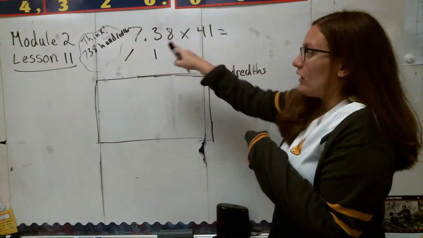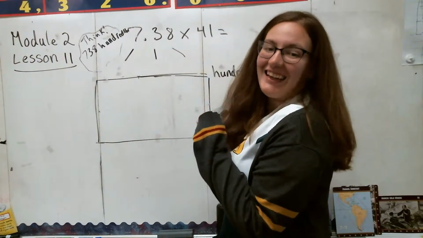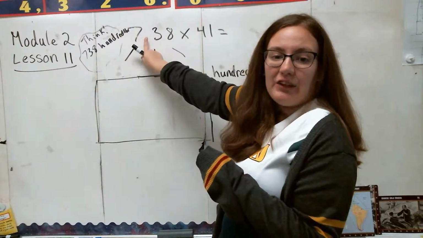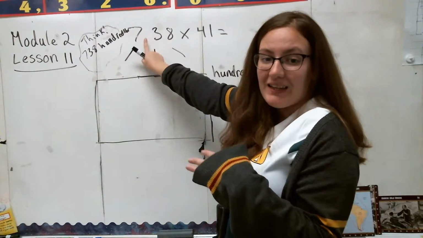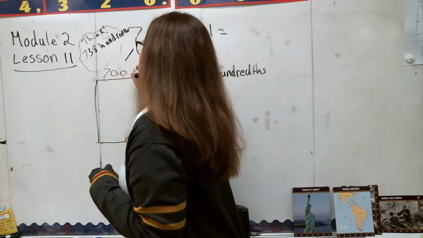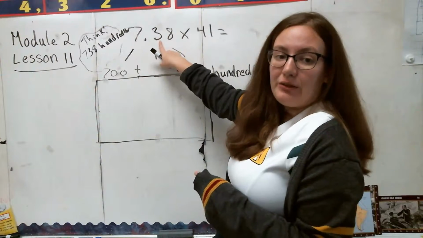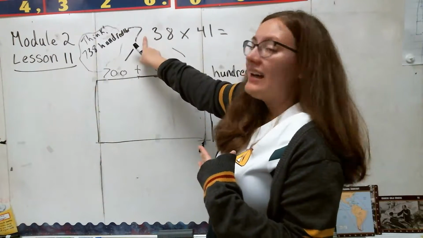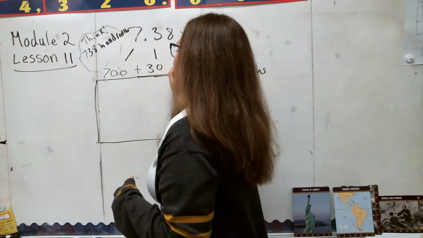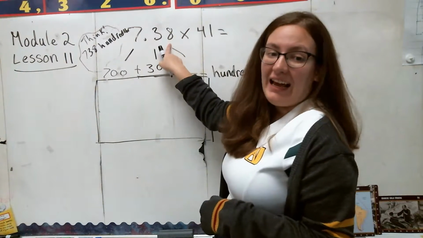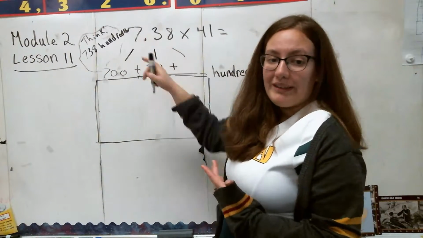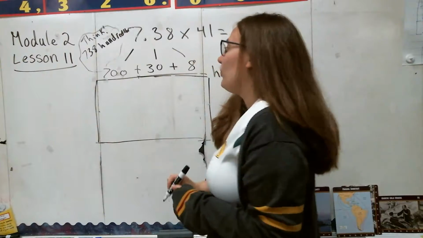So let's write 738 in expanded form. If I pretend that this decimal isn't here, the 7 would be in the hundreds place. So I have 7 hundreds right now, plus I have 3 in my tens place, so I have 3 tens, which is 30, plus I have 8, and that 8 would be in the ones place, so I have 8 ones.